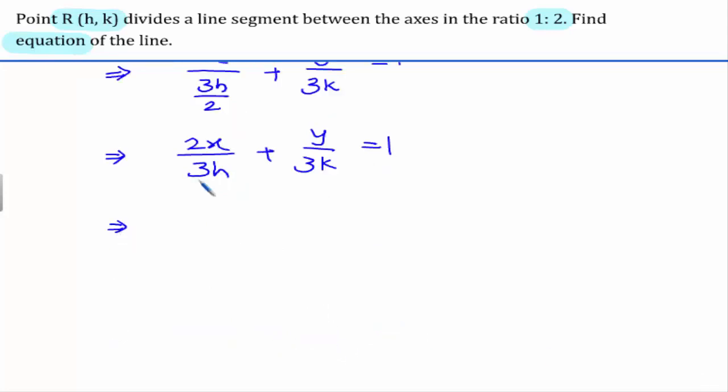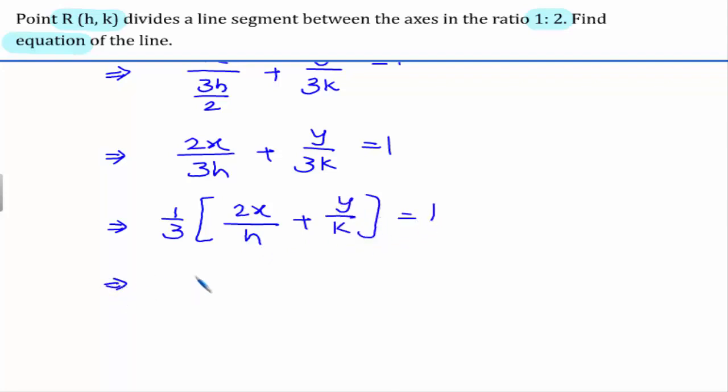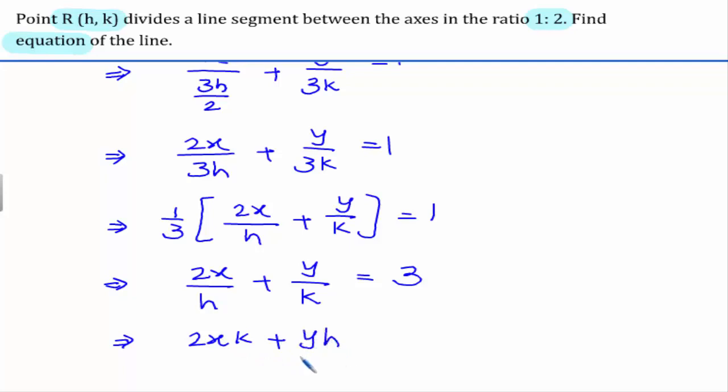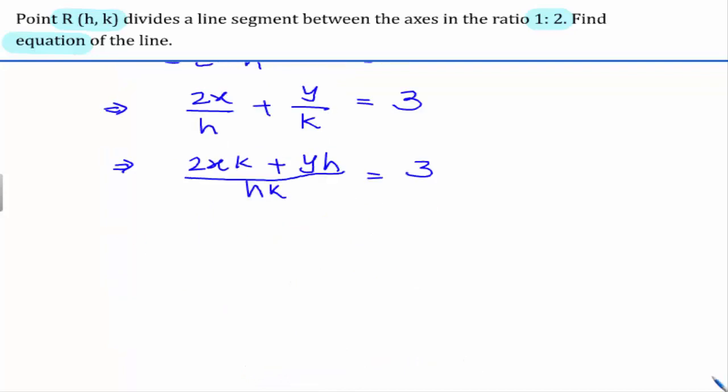If I take 1/3 common, then you get 2x by h plus y by k is equal to 3. Now on further simplification, taking LCM, we get 2kx plus hy by hk, that implies 2kx plus hy is equal to 3hk.